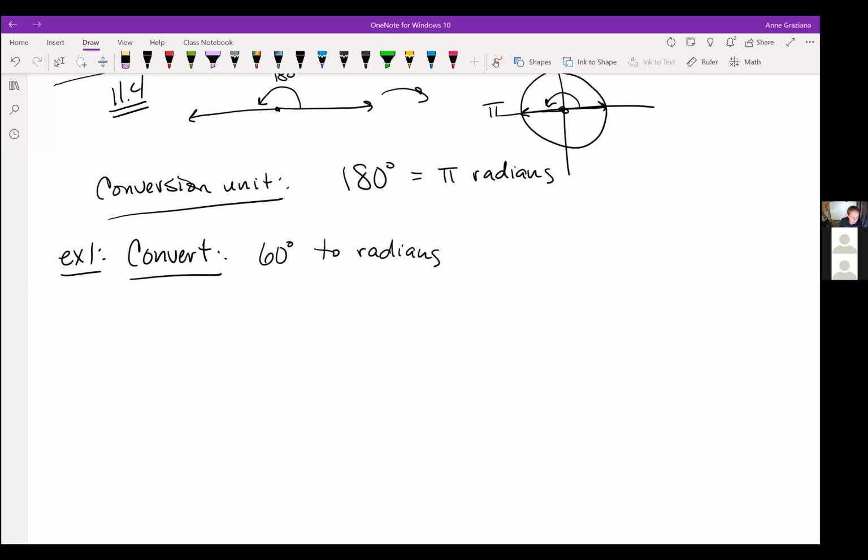I'm sorry, hold on. I'm going to take 60. Okay, so 60 degrees is the same as 60 times 1 degree. Okay, do you guys see that? If I take 1 degree and multiply by 60, I get 60 degrees, right? So what we're going to do is substitute in for that 1 degree.